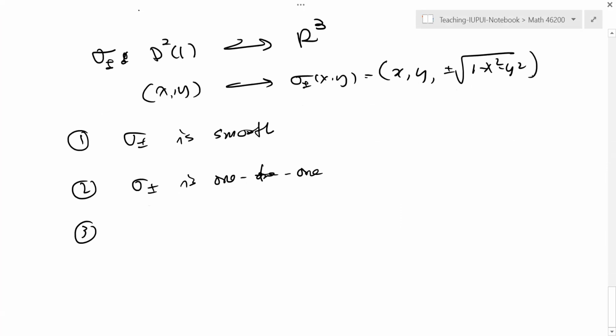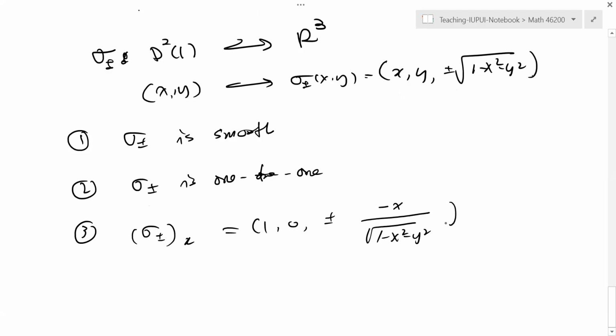Let's look at sigma plus, the partial derivative with respect to x. It's going to be 1, 0, and when you differentiate the last component I think I'm going to get negative x over the square root, and for y, negative y over the square root.